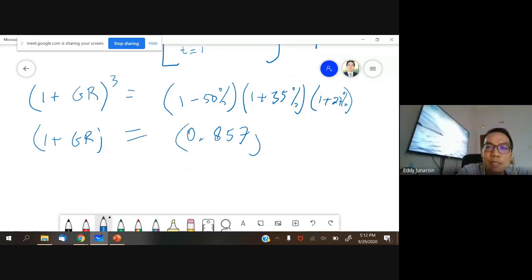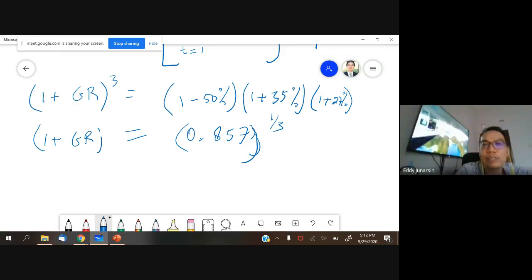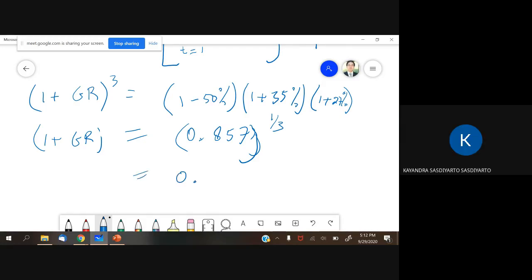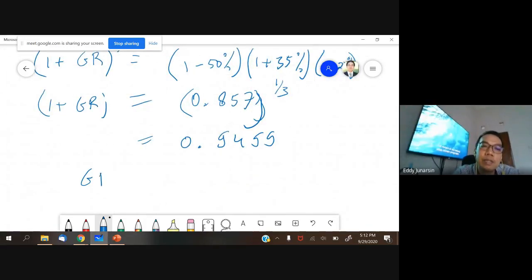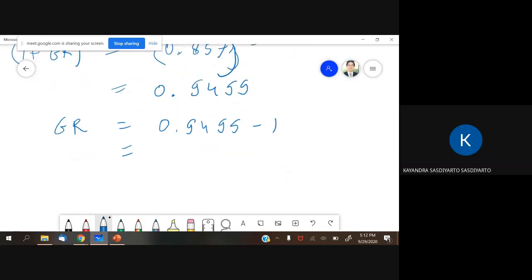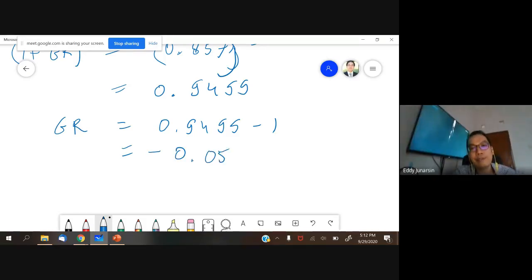How much is it? 0.9499. And then to get the geometric return, minus 1. How much is it? Minus 0.05. Yeah, so -5%.